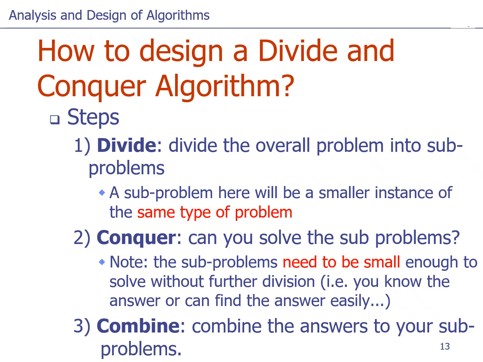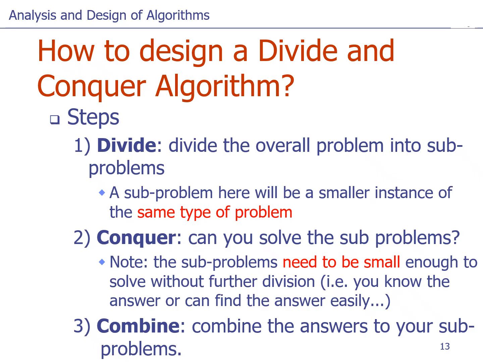So if I give you an array of 1,000 elements and you'd like to come up with a new divide and conquer technique to sort the array, then you have to divide the 1,000 into smaller arrays. If I give you a map and tell you to search in the map, instead of searching the whole map, you search in regions of the map. So you divide the map into smaller regions. Whatever is given to you, you have to divide it, and the division is done according to the type of the data given to you.